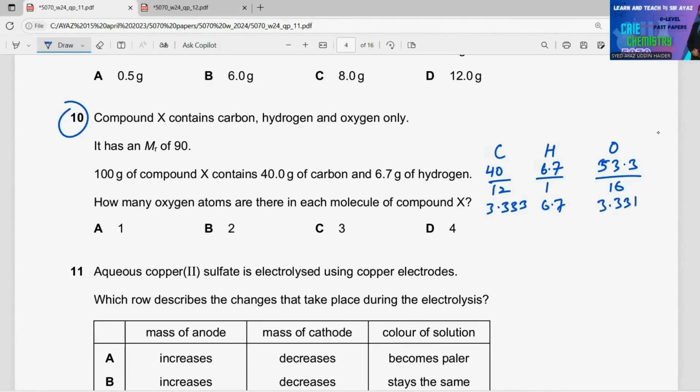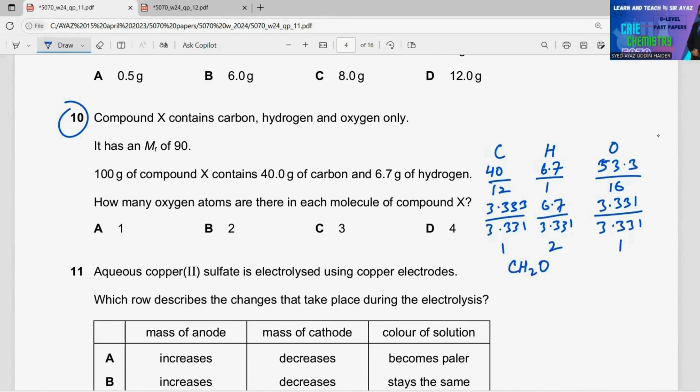Now divide all the values by the least value. For carbon and oxygen, it will be 1. For hydrogen, 6.7 divided by 3.331 gives 2.01, which can be rounded off to 2. So the empirical formula for this compound is CH2O.